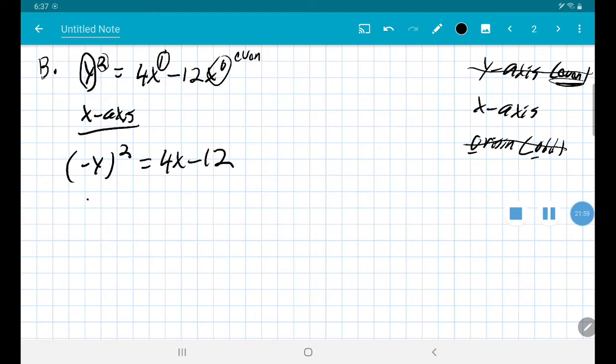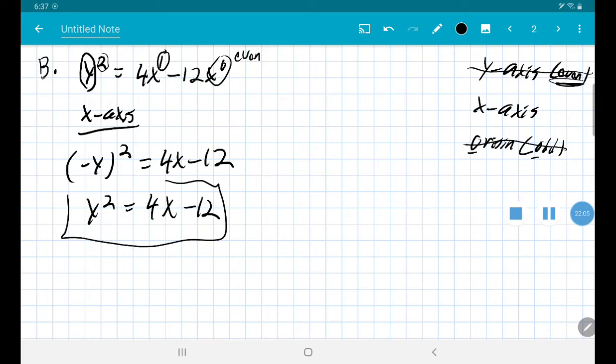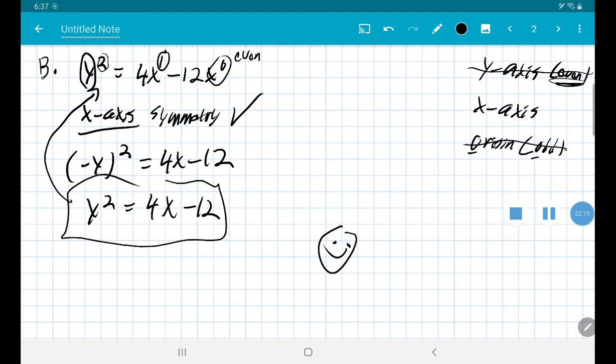When I square negative y, that gives me y squared equals 4x minus 12. How does that compare to the original? Quite favorably. So x-axis symmetry, yep, it's got it.